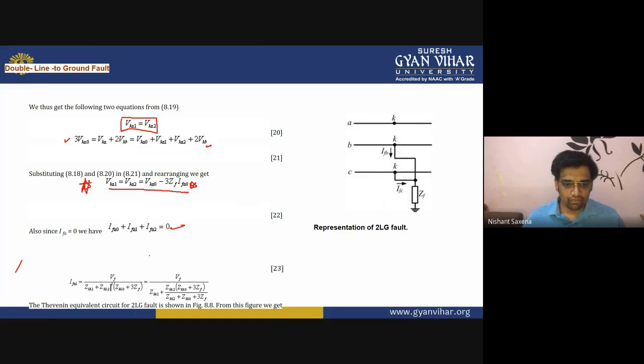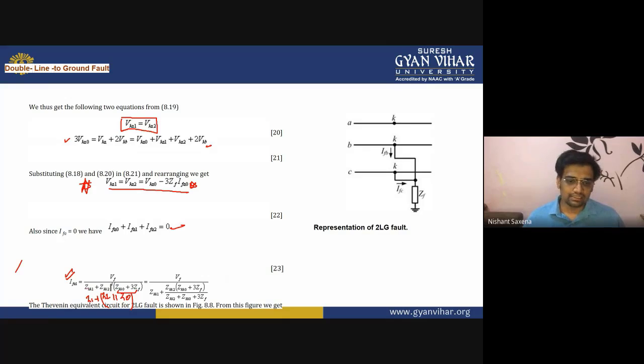Therefore, if I segregate, I can write that IFA1 will be equal to VF upon ZKK1 plus the parallel combination of ZKK2 and the zero sequence component. I am writing it with the complete Z0. This is your Z2 and this is your Z1. So it will be plus this parallel combination of these two. I hope this is clear now.